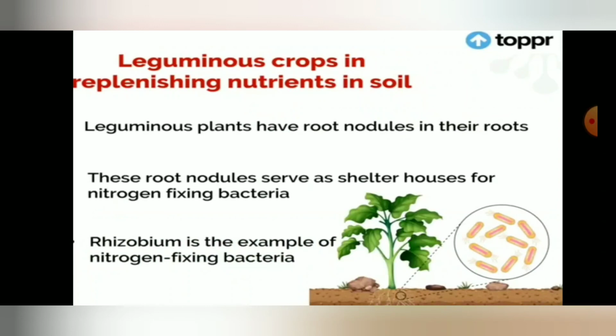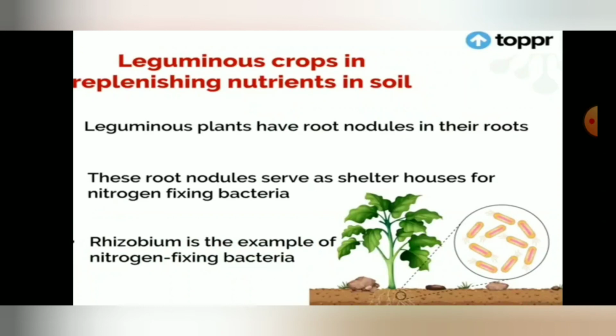So in its root nodules, a kind of bacteria called rhizobium lives. Here both get mutually benefited. These bacteria help in fixing nitrogen for the plants. So in this way also, by growing leguminous plants, we can retain the nutrients in the soil.